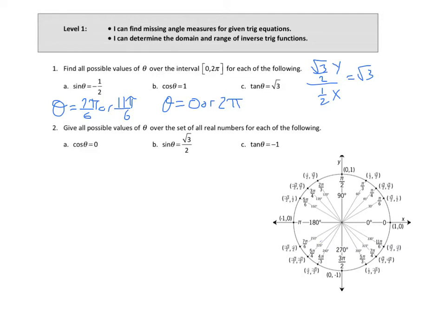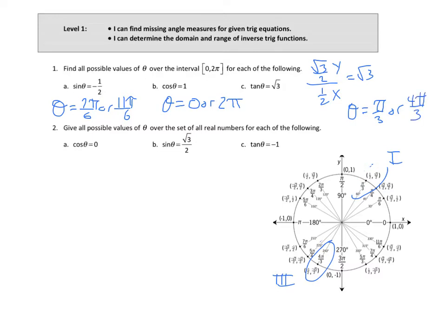Tangent values are positive in quadrant 1 and quadrant 3, and at pi over 3 and 4 pi over 3, we would get a tangent value of radical 3. So theta would equal pi over 3 or 4 pi over 3.